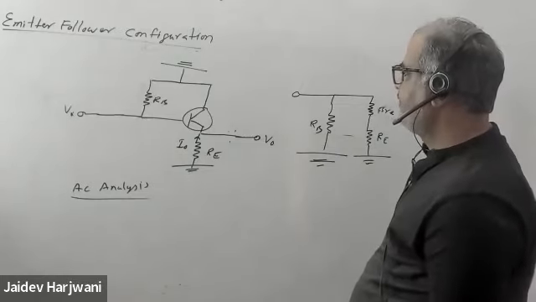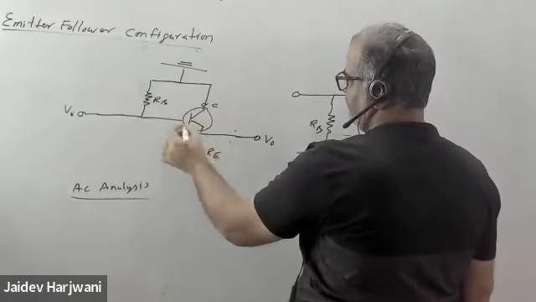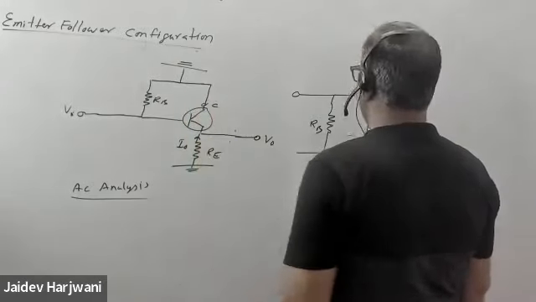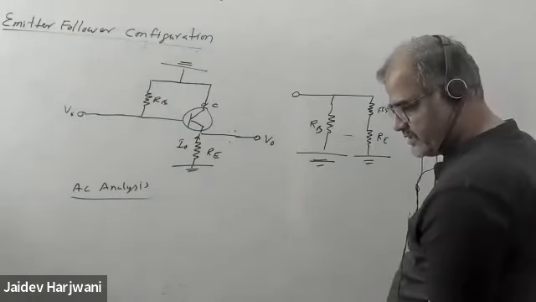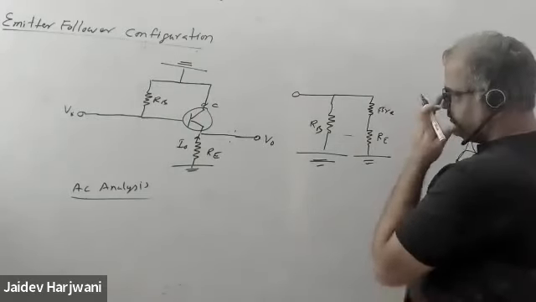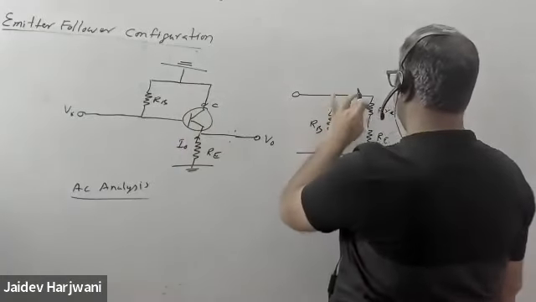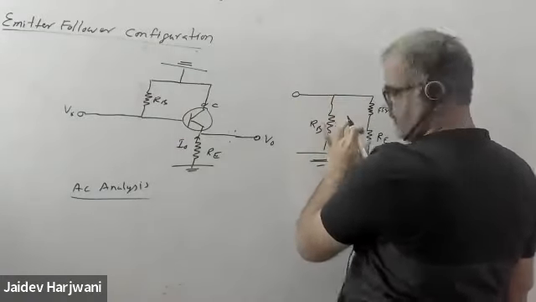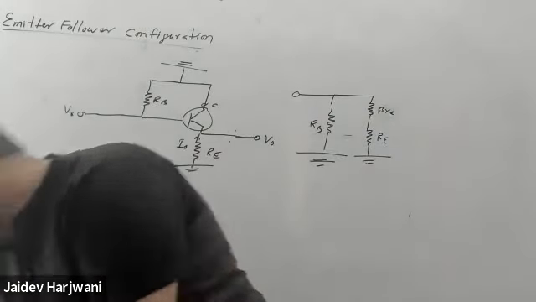Now this capacitor, this collector also, this is collector. This collector also becomes grounded. And after making this grounded, this is your beta RB, and the collector I have to also add here.